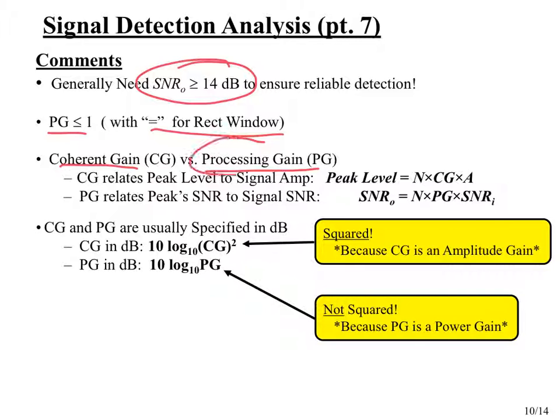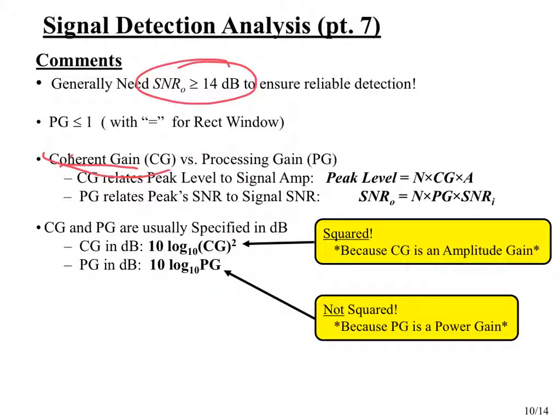Processing gain comes into play when we're talking about how the output SNR gets changed. So it accounts for effects on both the signal peak as well as the noise floor, whereas coherent gain really only tells us about a change to the signal peak amplitude. If you remember, I told you it's a race between them, they're both going up.